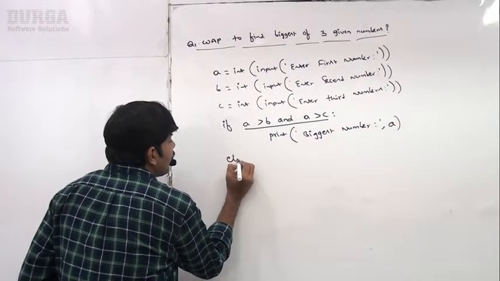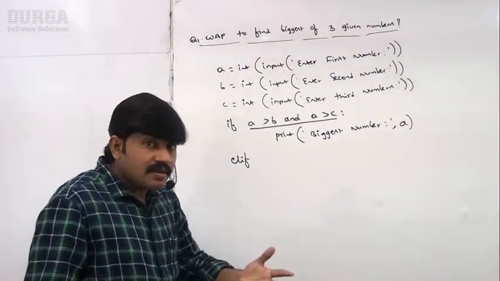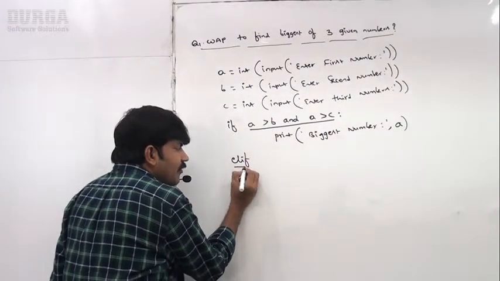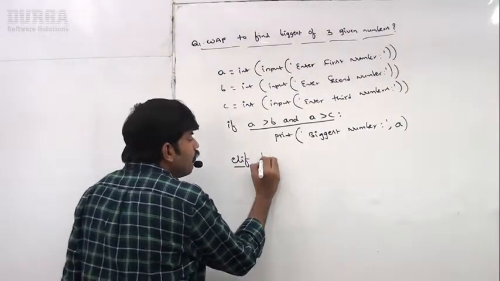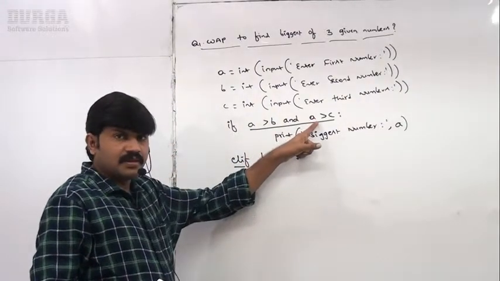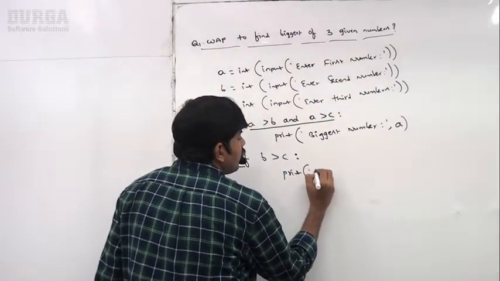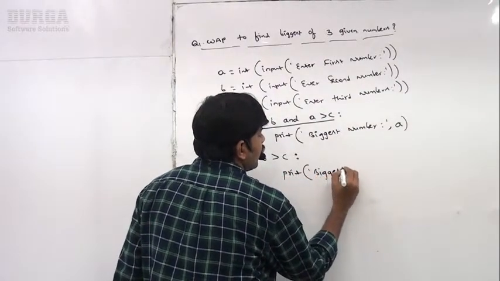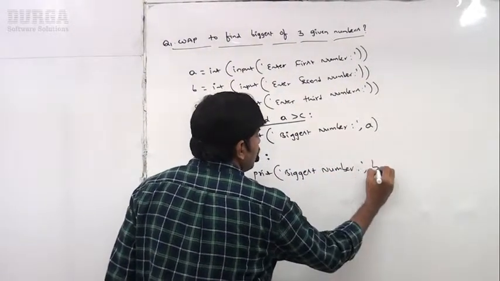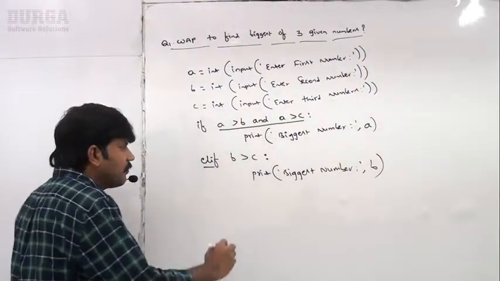Elif means this condition fails, then either b or c is the biggest number. Elif means else if b greater than c. If this condition fails but b is greater than c, print biggest number is b, because b is greater than c.